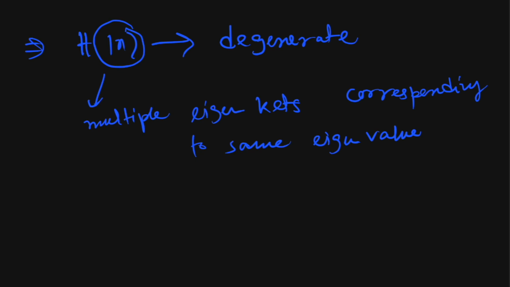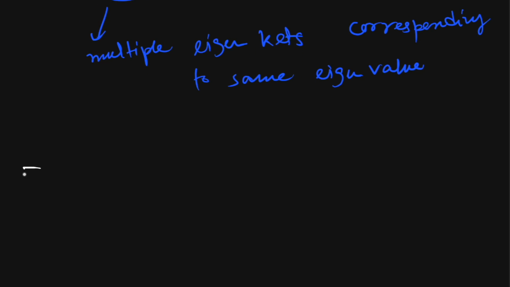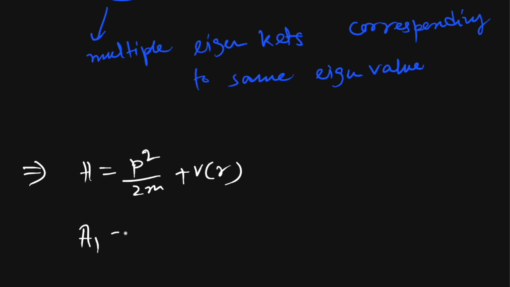As an example, suppose a Hamiltonian operator H equal to p squared by 2m plus some potential which depends on r, and some operator A1 equal to Lx and another operator A2 equal to Ly.